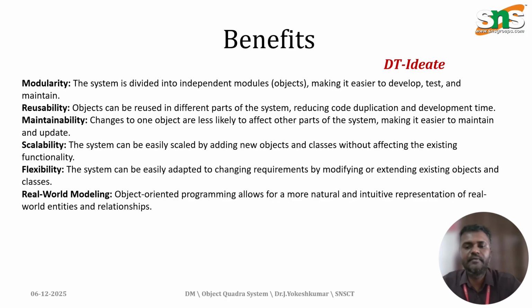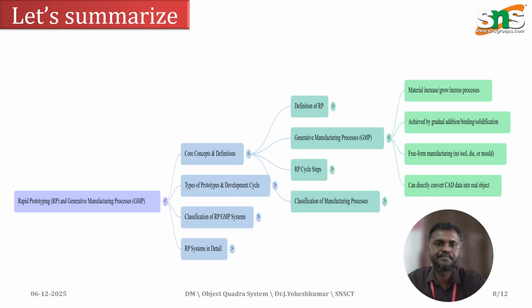Scalability, we can scale to any level, like 3 times or 4 times magnification and reduction are possible. Flexibility is also an important parameter. We can adapt to any real world conditions, and real world modeling is also possible with this system.